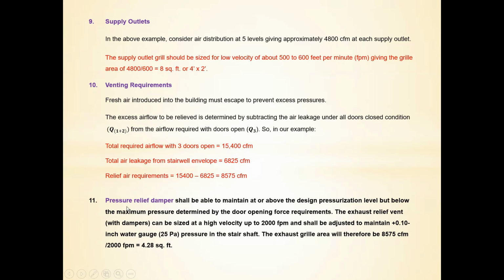So we have to design the relief damper so that it should be able to maintain at least minimum 25 Pascal in the stair shaft, and this can then be sized for 8575 divided by 2000 FPM velocity, that is 4.28 square feet cross section area pressure relief damper can be sized.